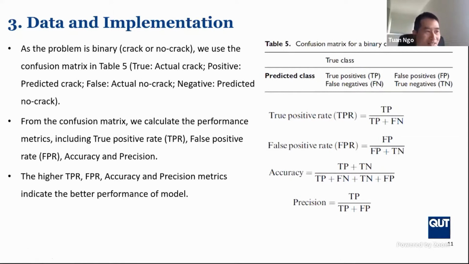True means the image is actually correct, and a true positive means the detection shows there is actually a crack in the image, and the model's prediction is also positive. So there are four different options here, and we use those outcomes to look at the accuracy and the precision of each method.